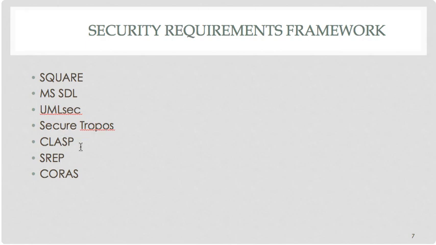CLASP is a lightweight process and it is suitable for small organizations. SREP is a risk-driven and asset-based methodology to define the security requirements. On the other hand, CORAS is a model-based risk assessment methodology to analyze the security risk.